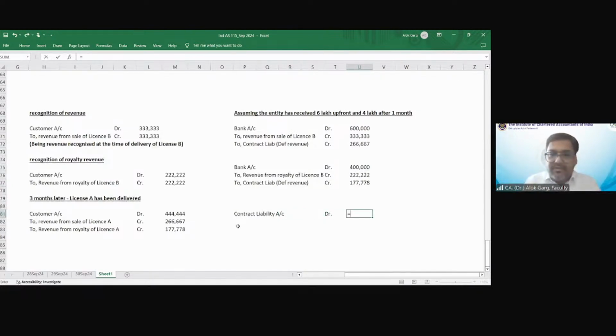It was credited by this and this value. So it will be debited to revenue from license A and revenue from royalty, variable consideration basically.